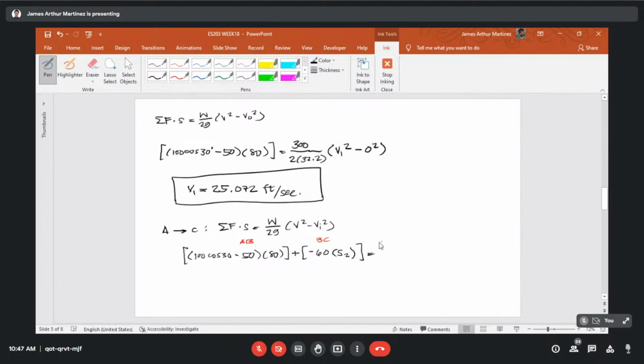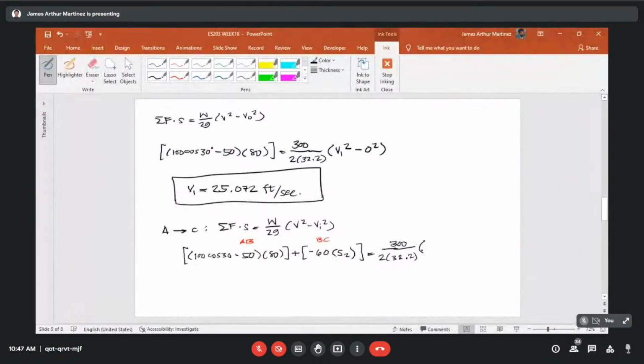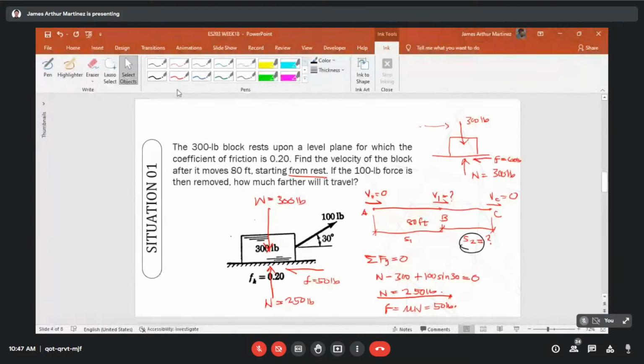So negative 60 multiplied by S2 is equal to the weight of the object, which is 300 pounds, right? So 300 over 2 times 32.2, multiplied by the quantity of final velocity minus initial velocity. If we observe, our velocity at point A is equal to 0, since that is the initial point. And our velocity at point C is equal to 0 since that is the final point.